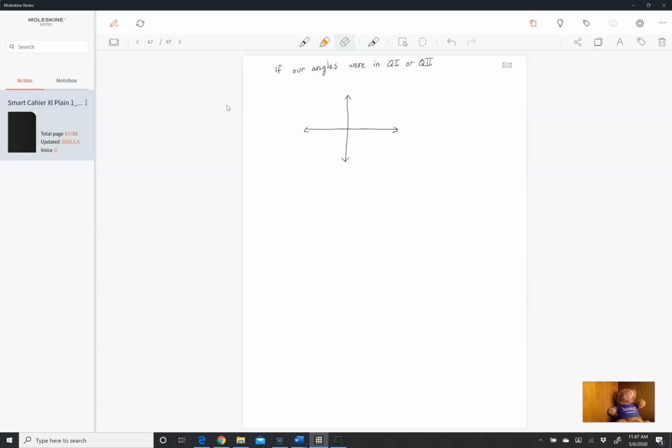If our angle were in quadrant 1, here's our angle, then it's easy, right? In quadrant 1, it's just our reference angle. But if our angle were in quadrant 2, here's our reference angle.